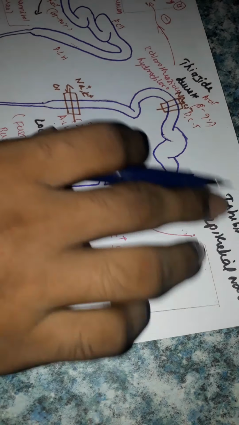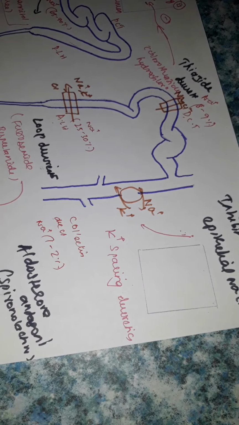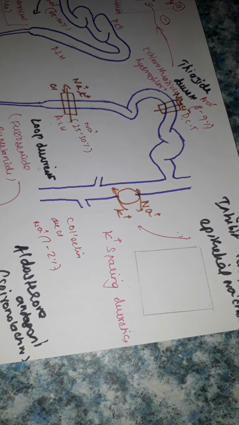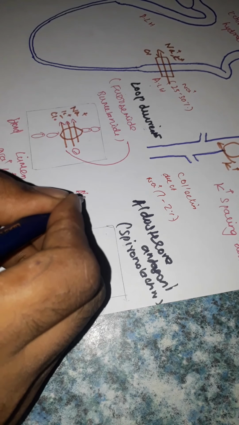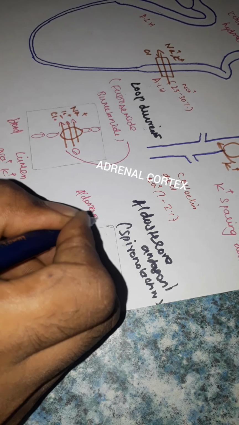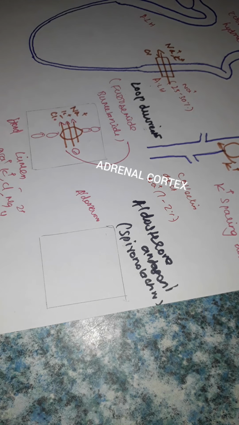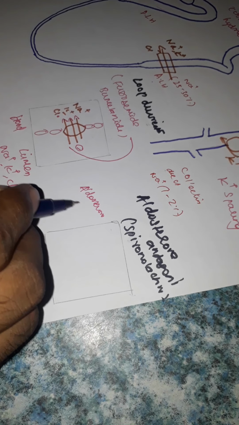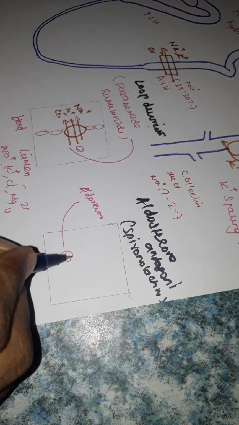So these potassium sparing diuretics are used as an adjunct to all these diuretics, so that potassium is spared, saved from excretion. One type is renal epithelial sodium channel inhibition, which is very straightforward. Another one is the aldosterone antagonist. Aldosterone is a hormone secreted by the adrenal cortex. Because it is a steroid, it enters and has its receptor inside your cell.